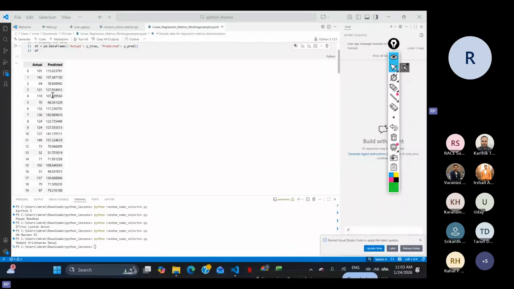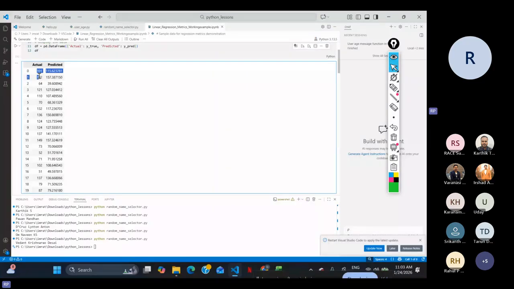Let's say these are your JEE scores based on the number of courses you've done in the past, your CBSE score, whatever. Based on that, we are looking at your actual JEE score versus what the model predicted.